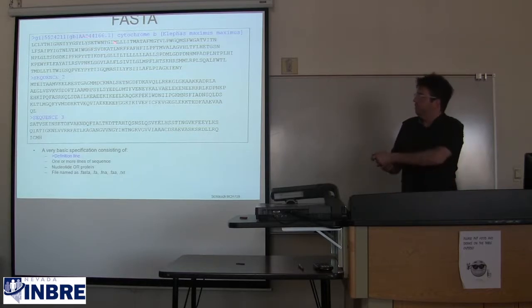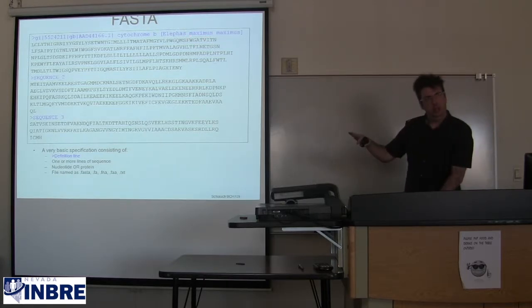In this case, these are identifiers that are given by GenBank, and the text that says that this is cytochrome B, and maybe something about the species and subspecies, and that's all on one line for a given sequence.